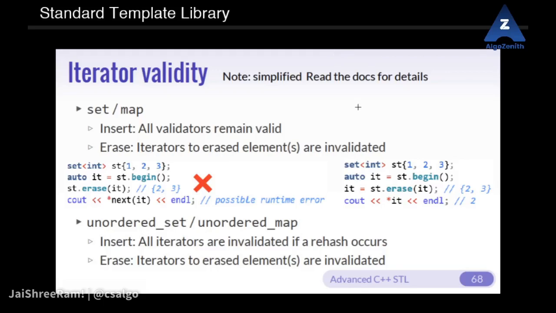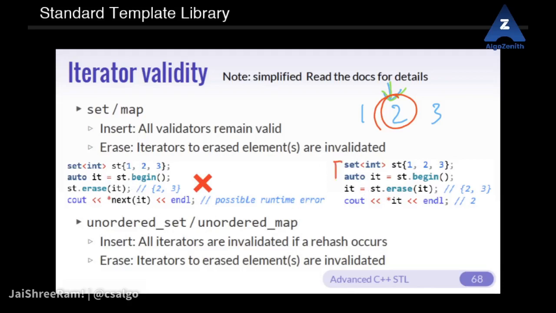Suppose you have a sorted set and you have an iterator to a particular element. Now suppose I remove this element from the set, I call erase. So you have 1 2 3, the iterator points to the first element, but you remove the first element, and if you then try to use the iterator, it will give you wrong answers or runtime errors because it is no longer valid, since the element has been deleted.